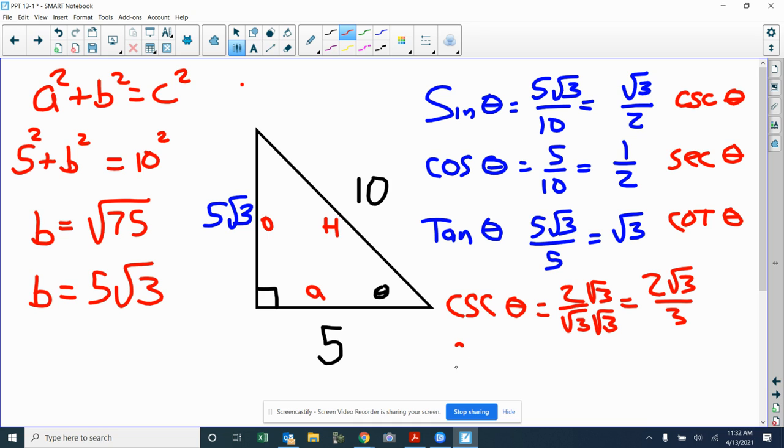Secant, is that one pretty easy? Yes. What's it gonna be? 2. Still okay? Cotangent. Okay, so really this is adjacent over what? So we end up with 1 over the square root of 3. Same thing as cosecant, we need to rationalize. So we're gonna multiply by radical 3 over radical 3.